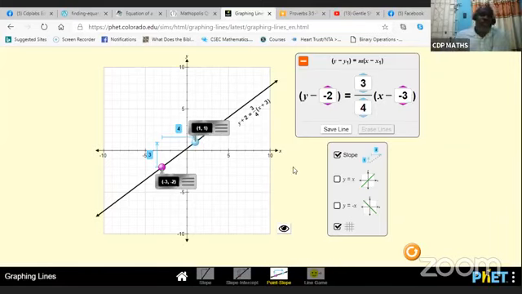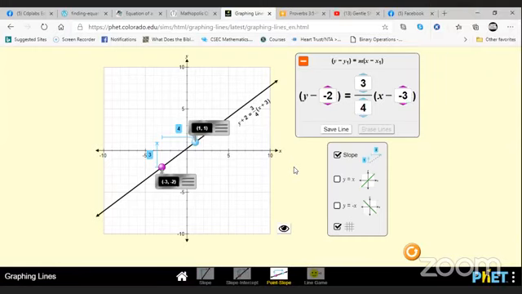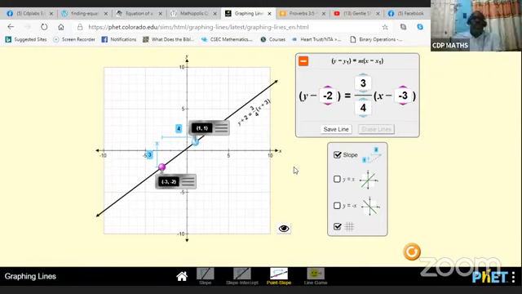Which of those 2 points is Y1 and X1? Tangini, your mic is muted. I'm not hearing you. The first one. Okay, which one refers to the first one? This one, negative 3, negative 2, or 1 and 1?